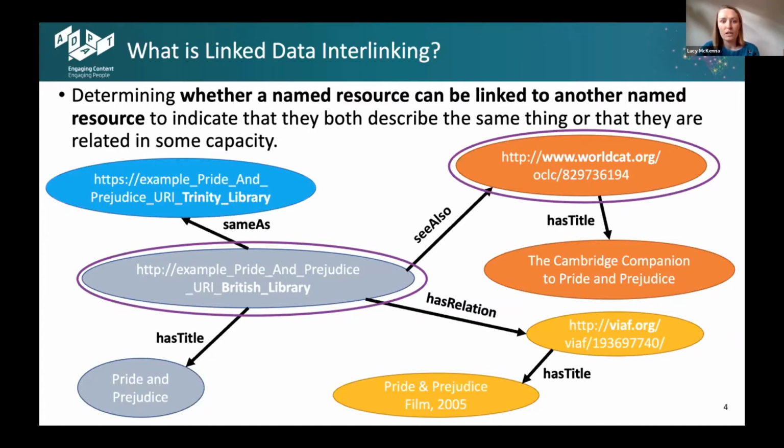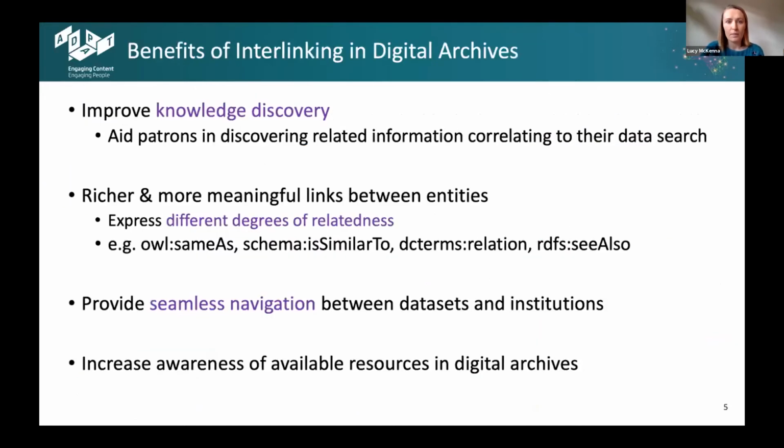So you can create a whole number of different interlinks that have different uses that can point the users of your data to different kinds of resources that might be of interest to them that are held in different institutions. And the benefit of this being that it improves knowledge discovery.